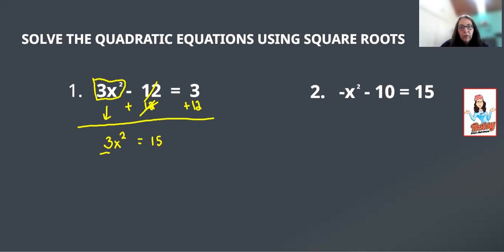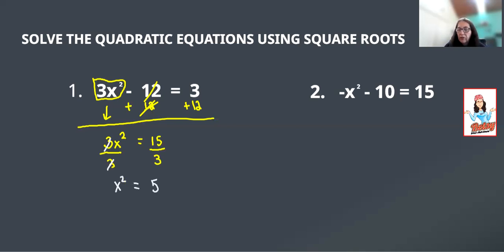And whatever we do to one side, we have to do to the other. So we're dividing by 3, and 3 divided by 3 is 1. Those are gone. And I'm left with x squared equals 15 divided by 3 is 5.